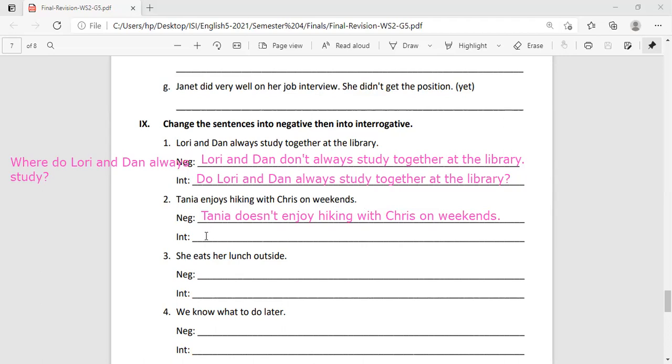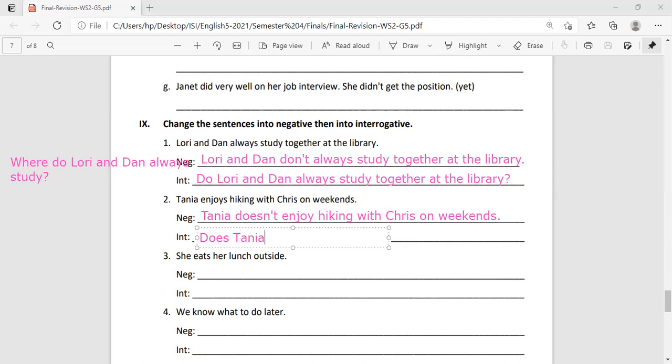Lana, did you get my point? Not so much, miss. In the present tense, when you want to form a yes no question, you have to use do or does. Do for the plural subject and does for the singular subject. Tanya here is a singular subject, so I have to use does.